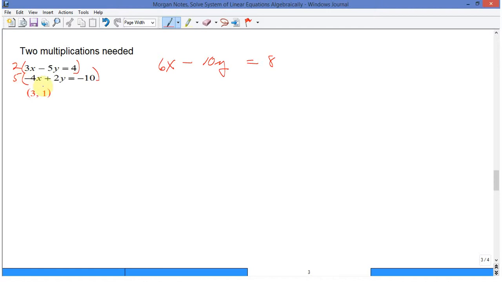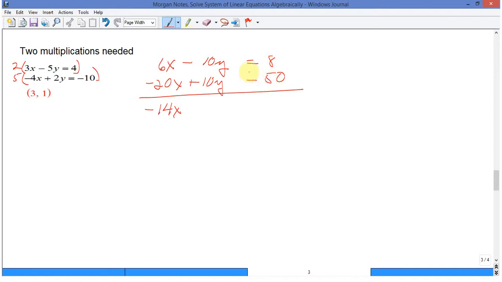Multiplying the second equation, I have 5 times negative 4, that's negative 20x. 5 times 2y is plus 10y, and 5 times negative 10 is negative 50. Adding those together, I get negative 14x, my y's drop out, and negative 50.